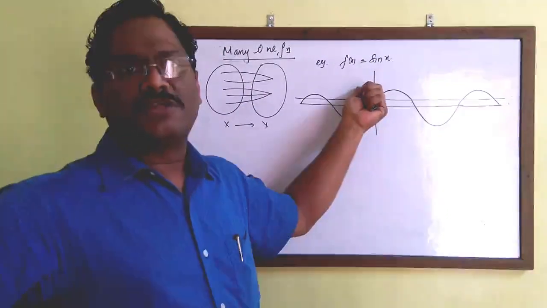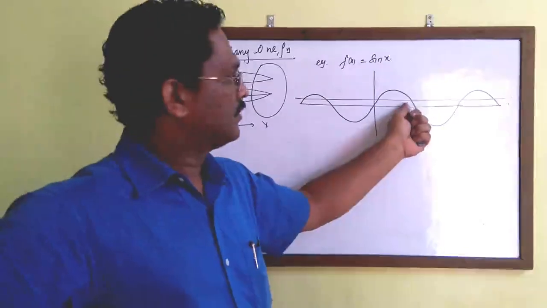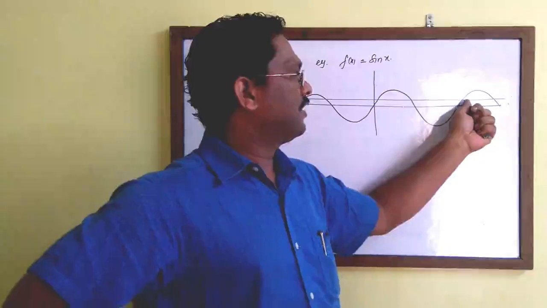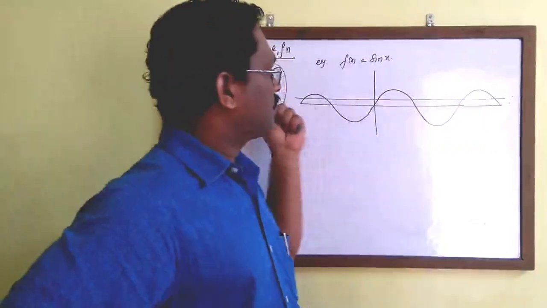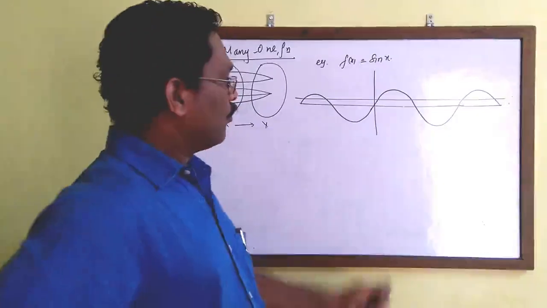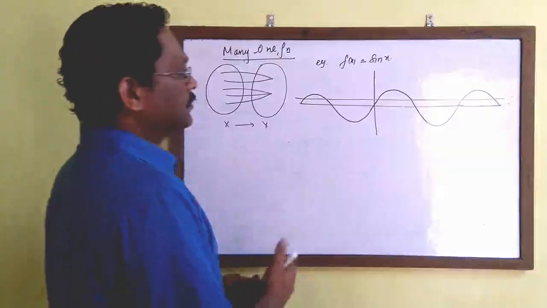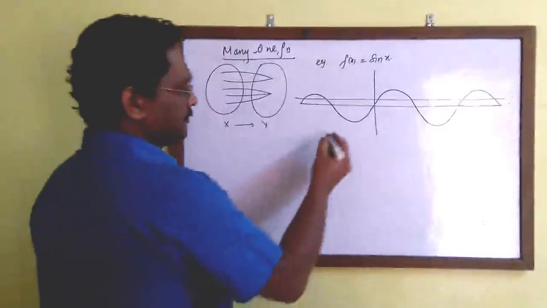Say for example, sin 30 degrees is also half, sin 150 is also half, sin of 360 plus 390, that is also half. So there are infinite values of x which give you the same value of y. So more than one value of x corresponds to a single value of y. So I'll say this is a many-one function.